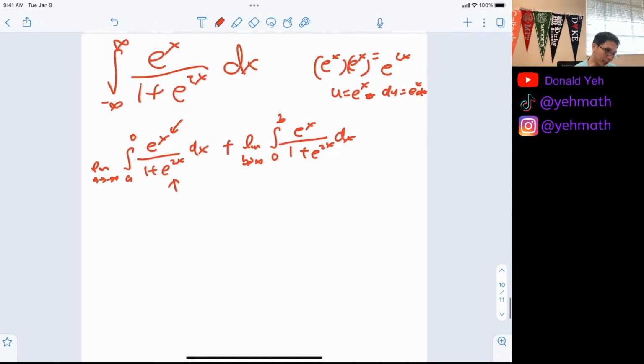So in this case, it would have been arctan. Well, I need to have a limit as a approaches negative infinity. So you're going to have arctan of e to the x from a to 0.